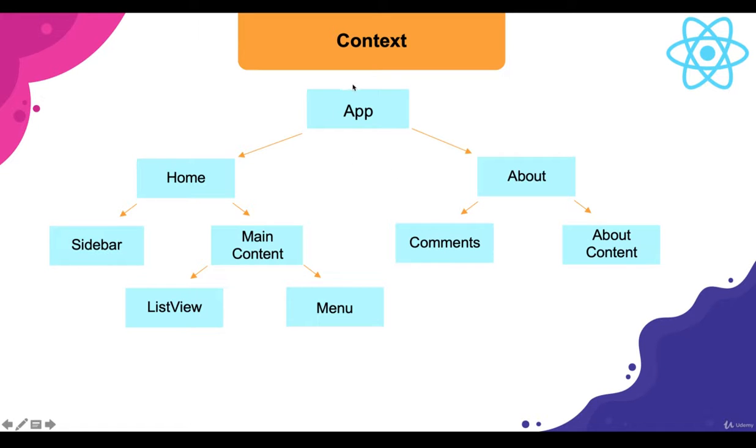So then imagine we also have some state defined in the root component right here, and we want to share it with these subcomponents. Maybe we just want to share it with some of the components in this tree. So, for example, we want these four components: list view, menu, comments, and about contents components to use this data.